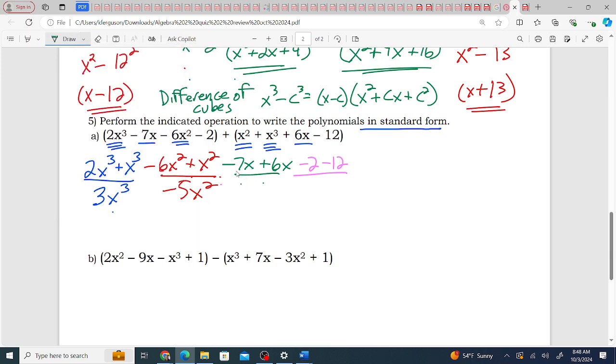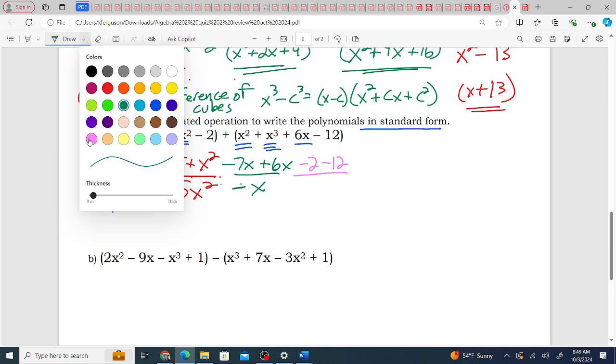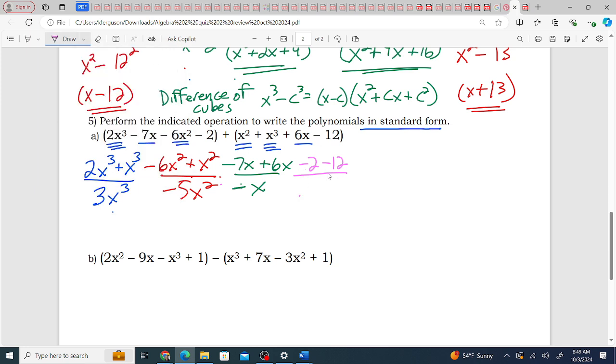Then we've got negative 7x plus 6x. I've got a negative 7 and a positive 6. Negative 1 or minus x, or negative 1x if you're so inclined. And then finally, I've got a negative 2 and a negative 12.